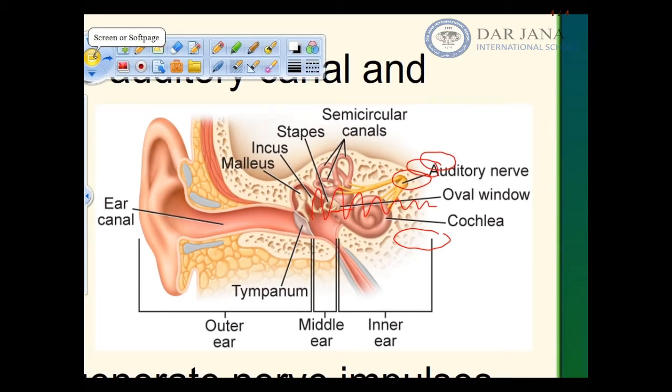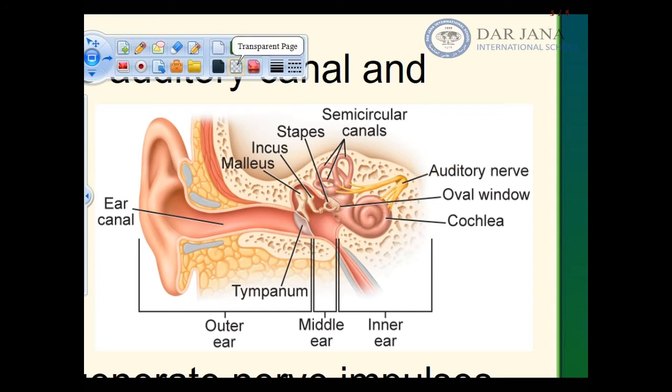This structure is a snail-like structure called the cochlea, where the stapes, the last bone, touches the cochlea and transmits the vibration, called the oval window.